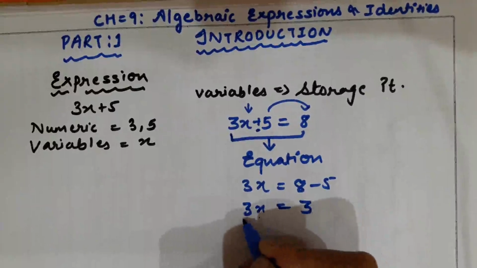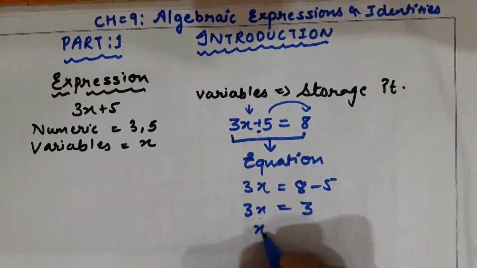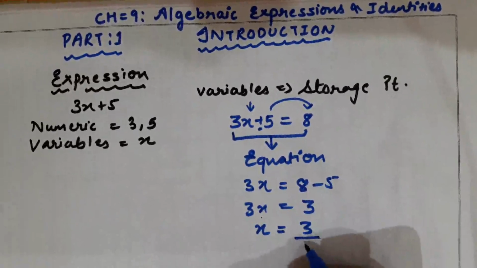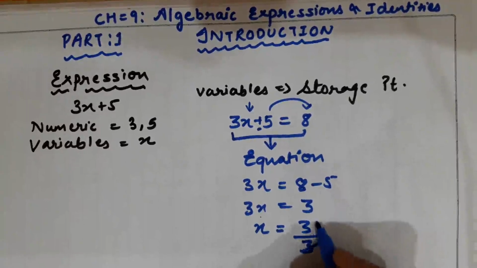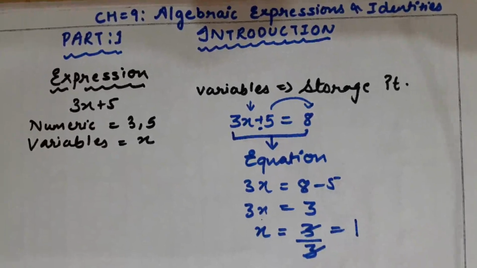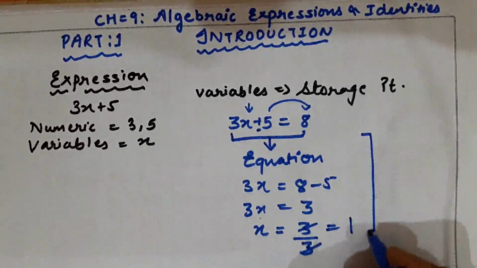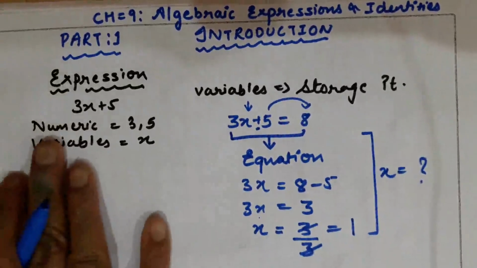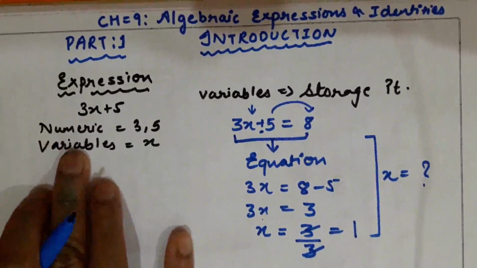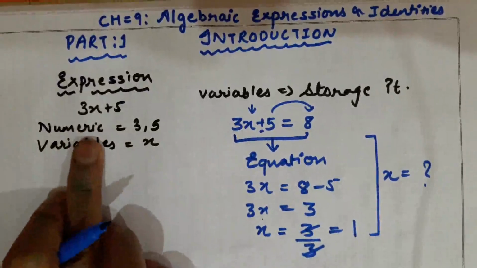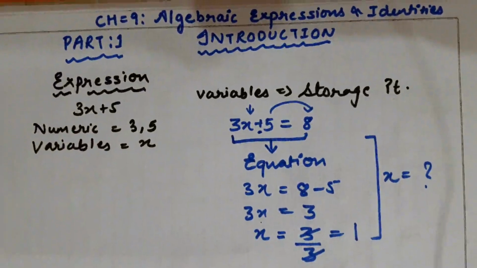Now x is multiplied by 3 here, so for finding the x value, this 3 goes in the denominator with the divide sign. 3 divided by 3 gives you 1. So we are able to find the value of x. But an expression only, we are not able to find any value. So this is the difference between expression and equation. I hope you are getting my point.